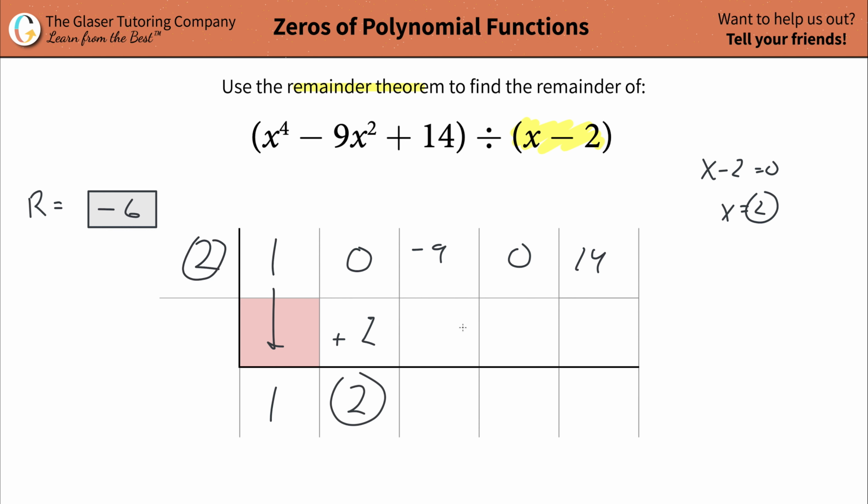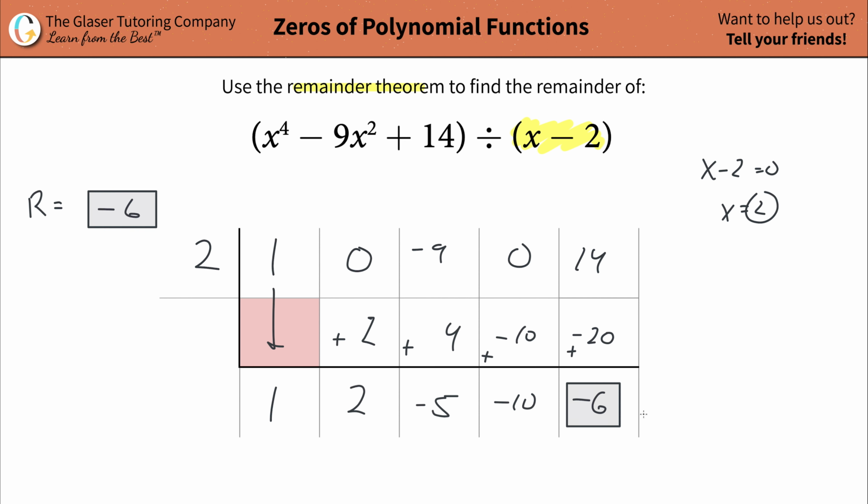Then 2 times 2 is a 4. Put it in the adjacent column and add it up, that's a negative 5. Negative 5 times 2 is a negative 10. Add that up, that's a negative 10. Then negative 10 times 2 is a negative 20. Add this up, and negative 6. That's the remainder. There you go.